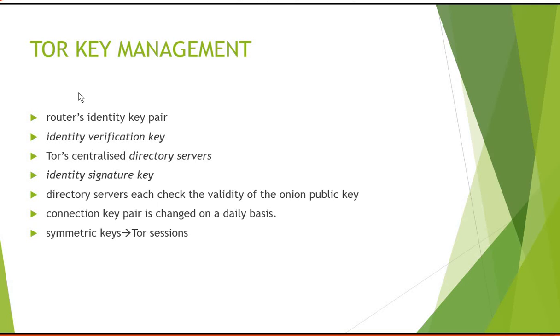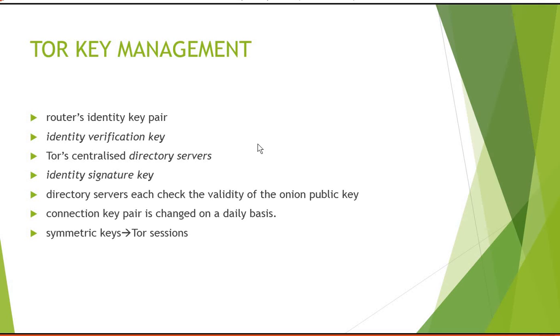Now, how will key management happen in the Tor tool? All the routers, onion router 1, 2, 3, will have the identity key pair. Between onion router 1 and 2, and between onion router 2 and 3, they will have the identity key pair. They will have the verification key also, and all these key details will be stored in the directory servers.